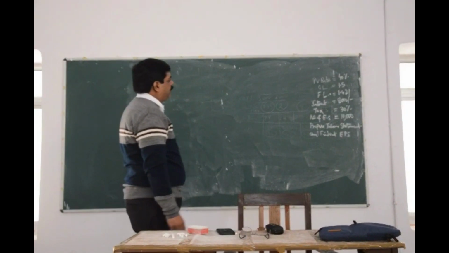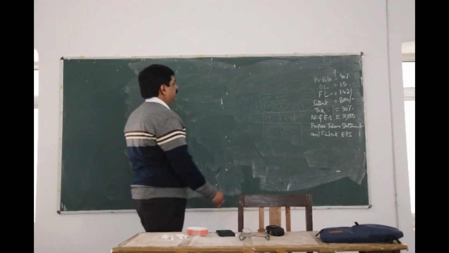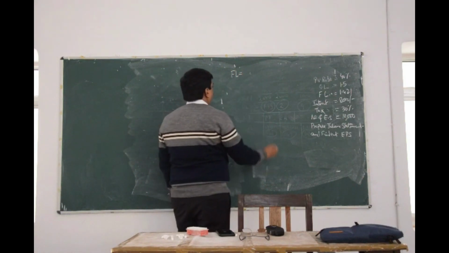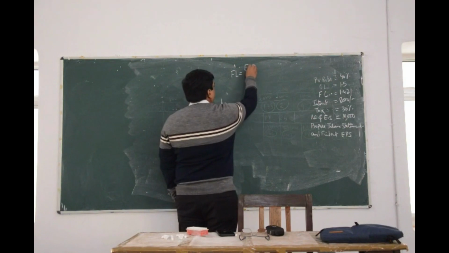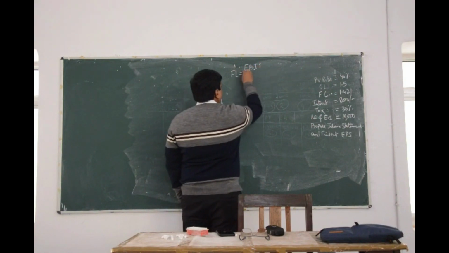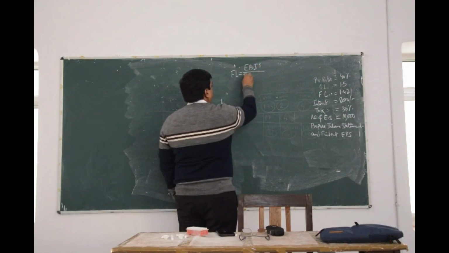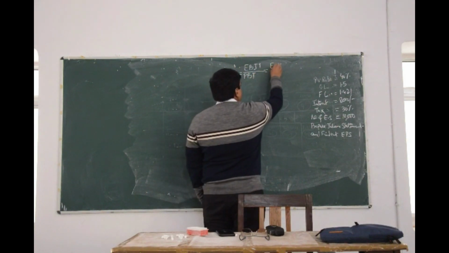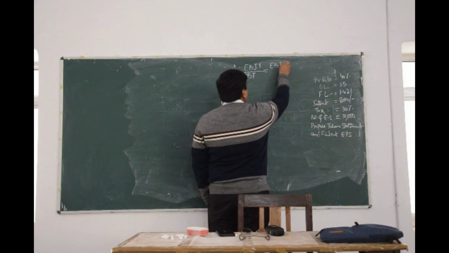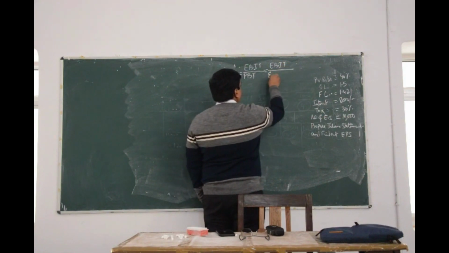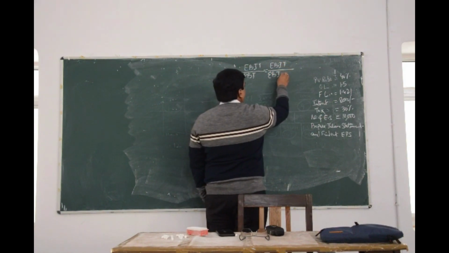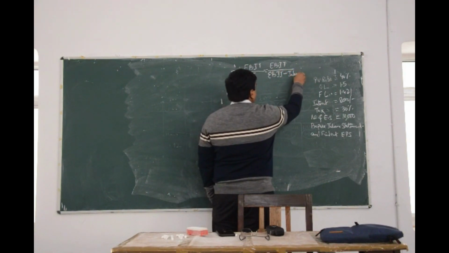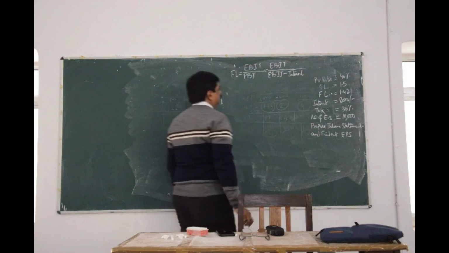So first of all, we can say EBIT. Financial leverage is given. Financial leverage is equal to, as you are aware, EBIT upon PBT, which means EBIT upon EBIT minus interest.